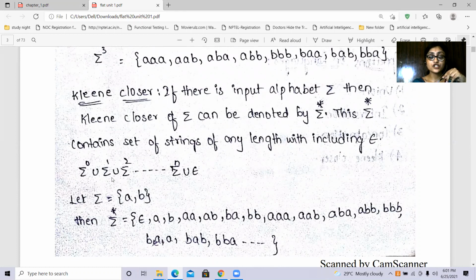The combination of all these powers of alphabets is called the Kleene closure. If there is input alphabet sigma, then the Kleene closure of sigma is denoted by sigma star. This sigma star contains the set of strings of any length, including epsilon. Epsilon means nothing but an empty string. We have discussed it before.